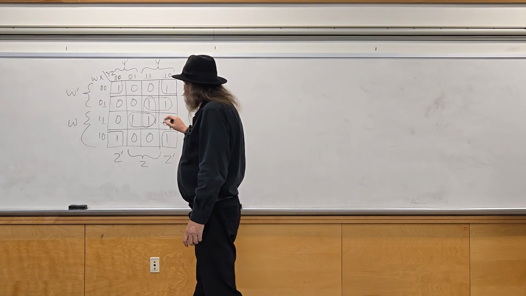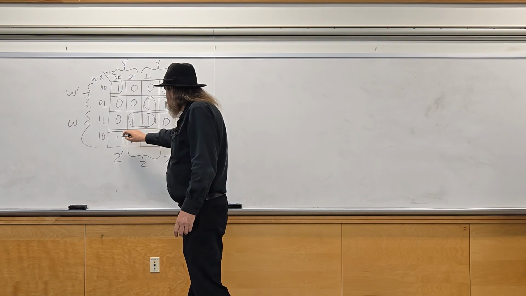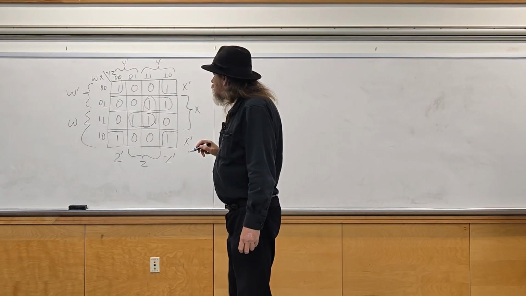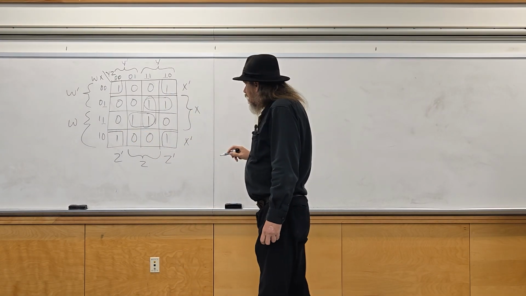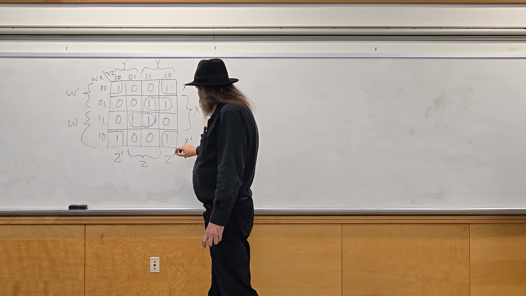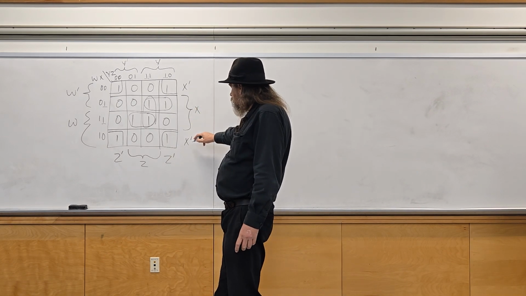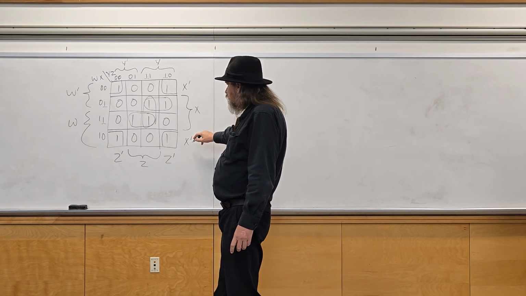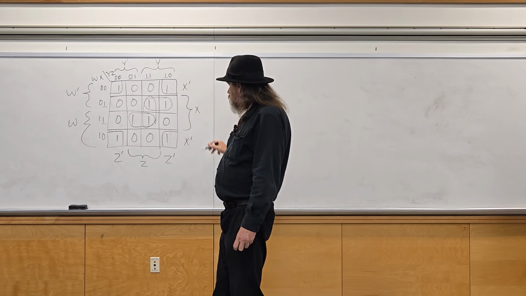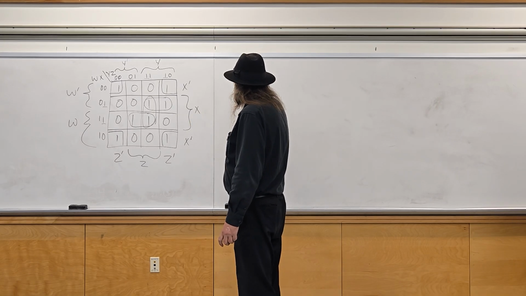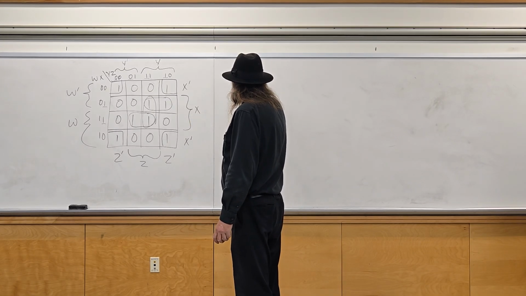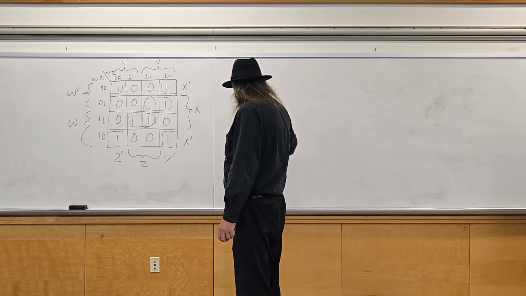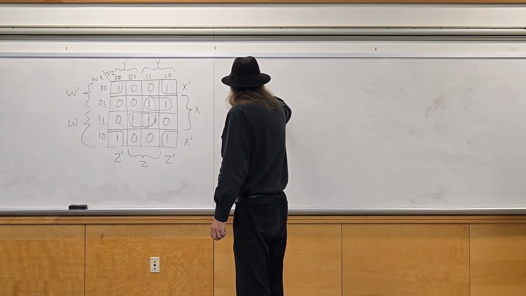So we'll just do the large group of 4, which is z prime and x prime. It doesn't matter the w or the y. So x prime, z prime, right?